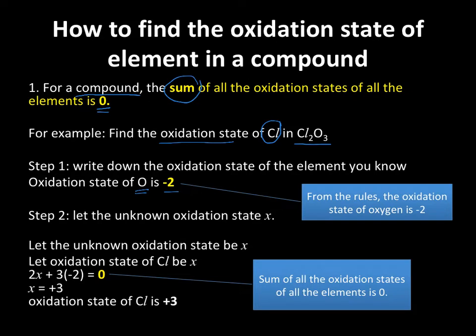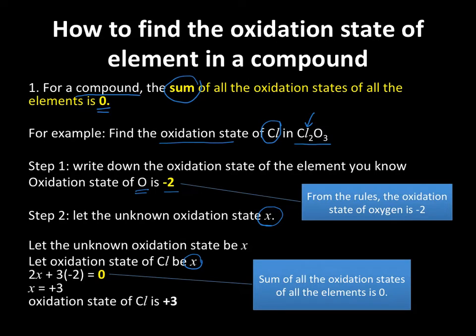Now in step 2, we let X be the oxidation state of the unknown that we want to look for. In this case, it will be chlorine. So I let the oxidation state of chlorine be X. Then I form an algebraic expression to solve for X. For Cl2O3, you have 2 of Cl, so 2 times X plus 3 times -2.